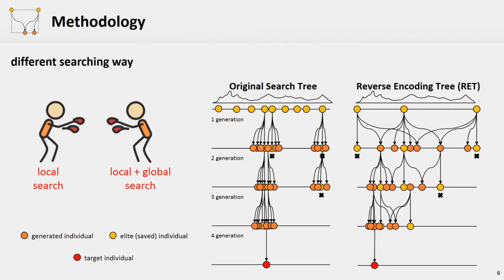Then evaluate each cluster by correlation coefficient. Finally, evolve individuals by global search or local search selectively based on the evaluation results. Using the reverse encoding tree, the population can ignore small peaks, also local optima, which accelerates the population evolution speed.